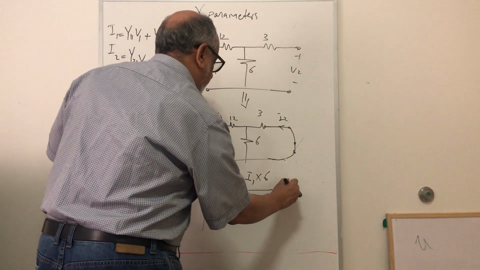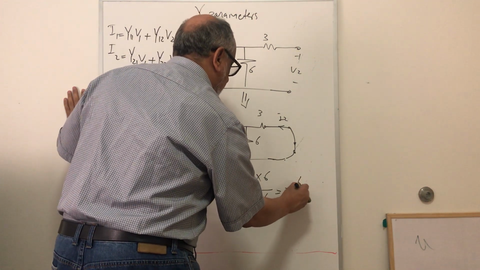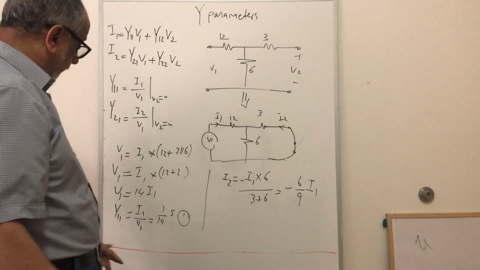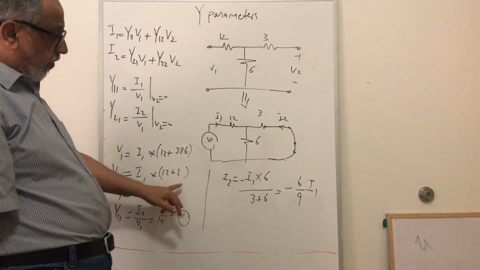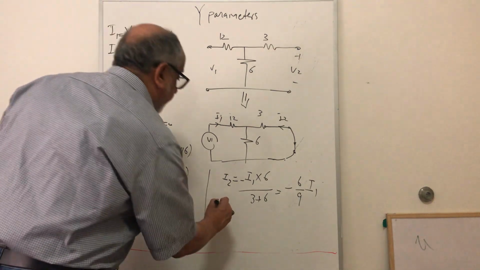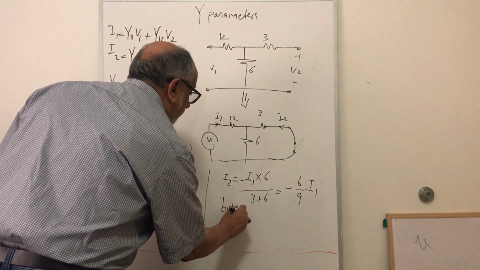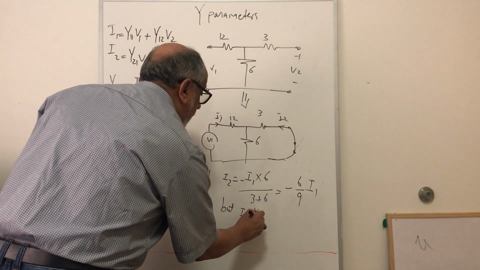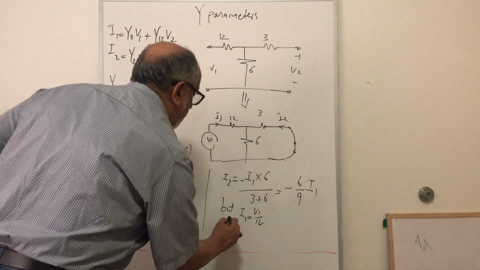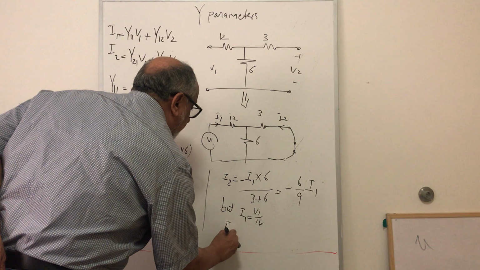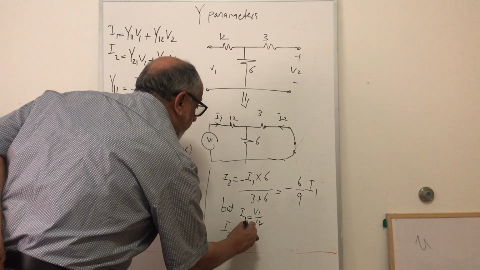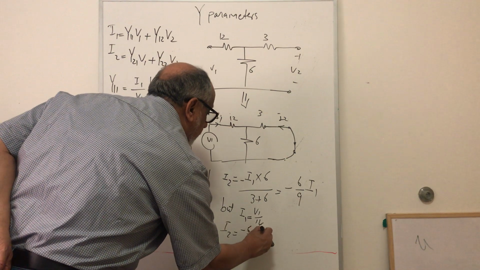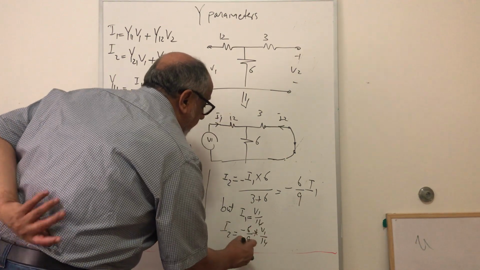So that will be minus 6 over 9 I1. So that is I2. But I1 is V1 over 14. So if we substitute here, then we can write I2 is equal to minus 6 over 9 into I1, which is V1 over 14.